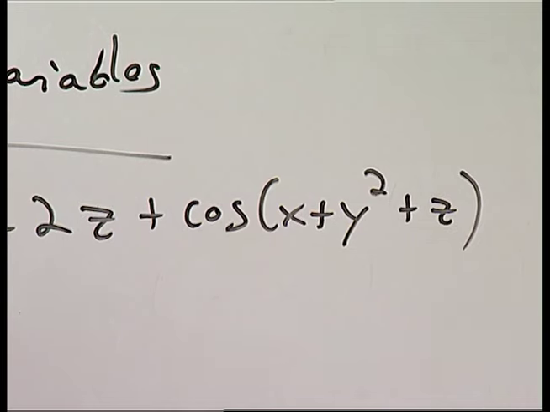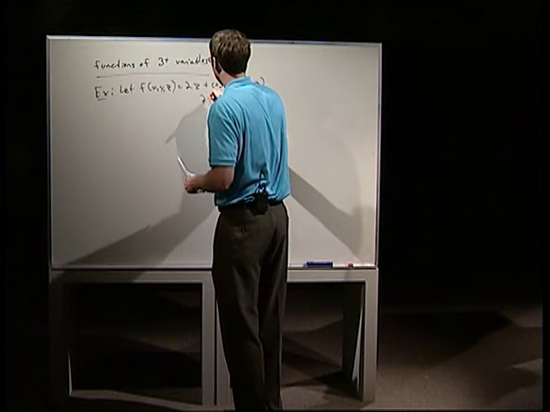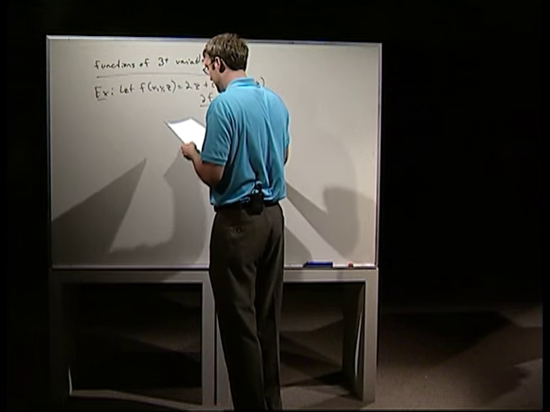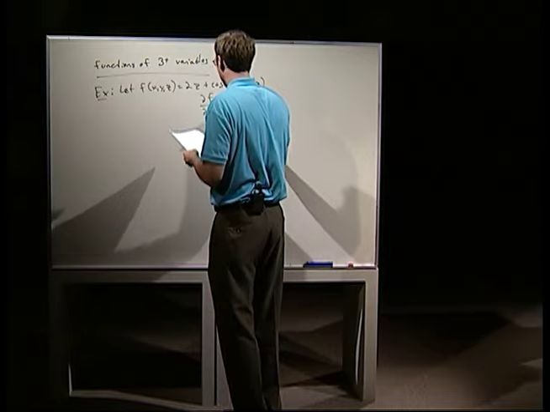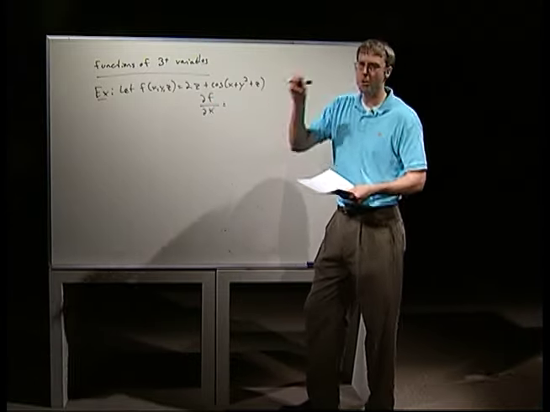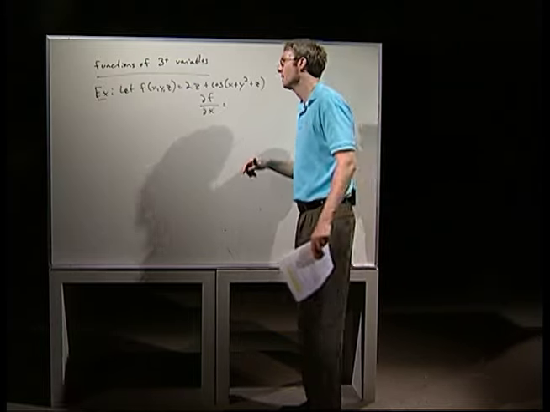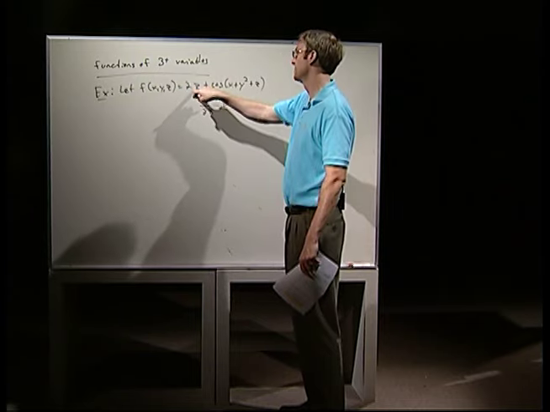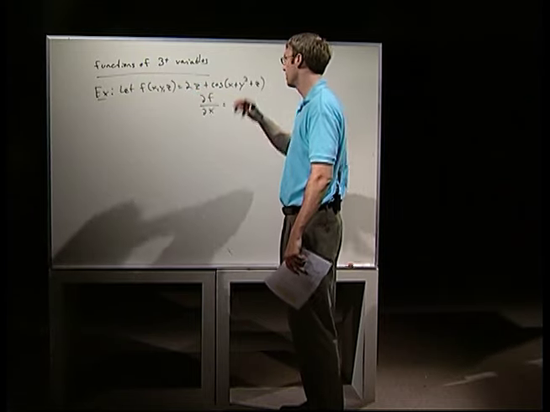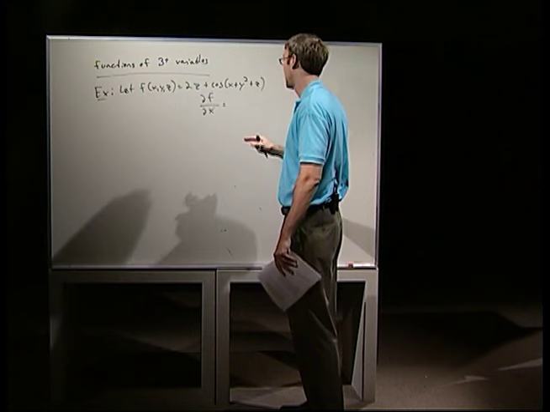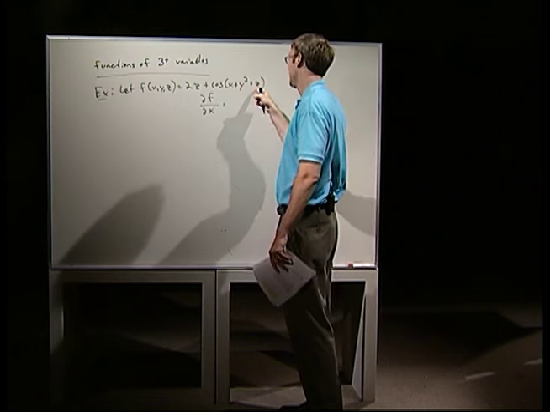If I want to know about the partials, say partial f, partial x, I isolate both y and z. I treat both y and z as constants. So for example, the 2z term is a constant with respect to x, and y squared and z are both constants.